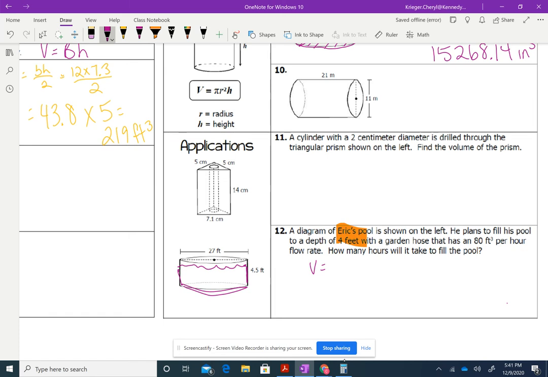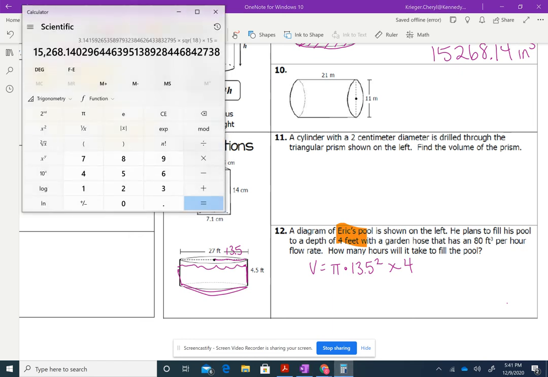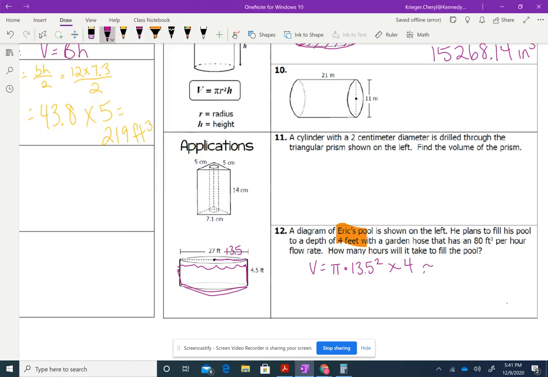the area of the circle. So pi times radius squared. If my diameter is 27, my radius is 13.5. So pi times 13.5 squared times the height that he wants, which is 4 feet. Pi times 13.5 squared times 4 is 2,290.22 approximately.